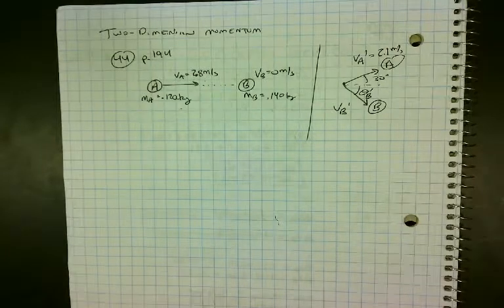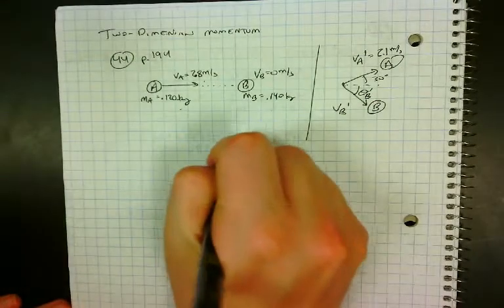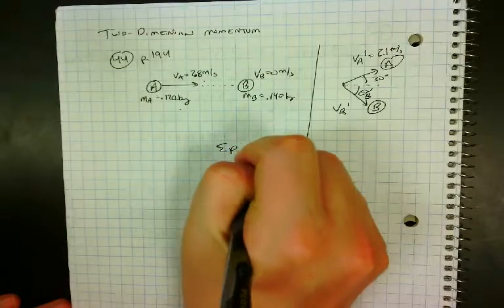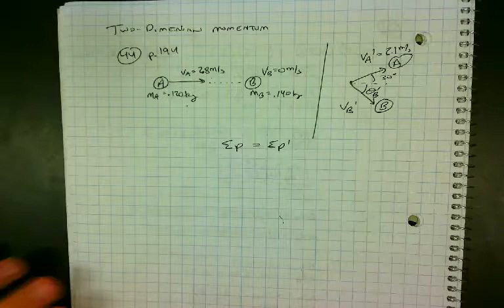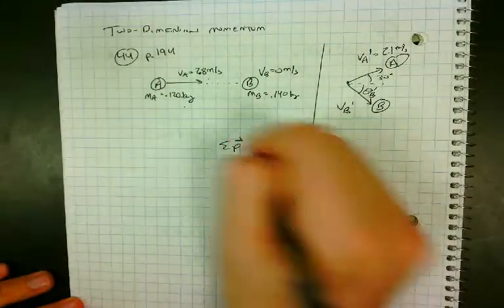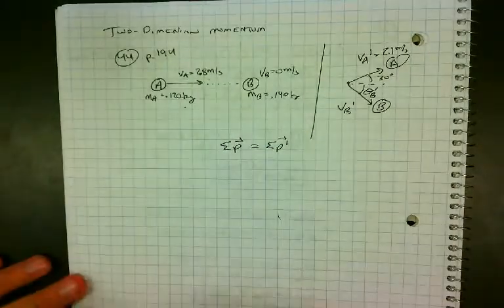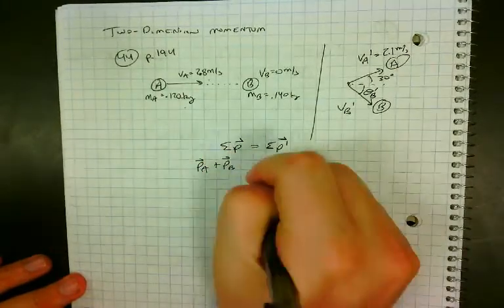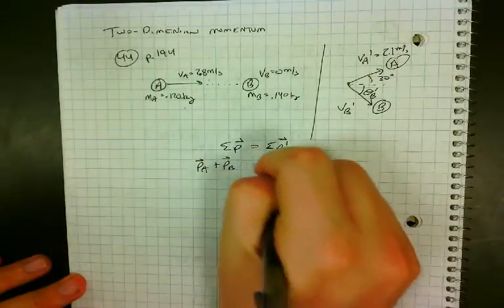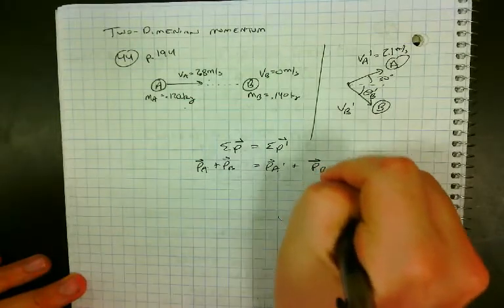If this were a regular one-dimensional conservation of momentum problem, we'd just say the sum of P equals the sum of P prime. But we can still do this, it's just that these are now vectors, not scalars. So the momentum of A plus the momentum of B equals the momentum of A prime plus the momentum of B prime.